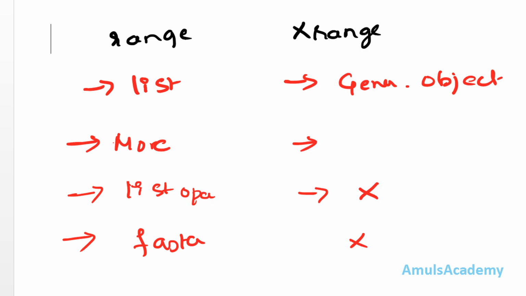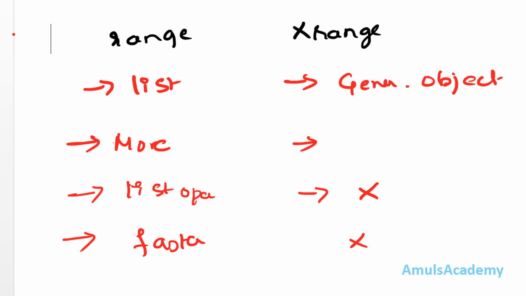So next we'll discuss Python 3. In Python 3 there is no Xrange function. There is only one function, the range function. But the range function in Python 3 behaves like the Xrange function in Python 2. As we know, in Python 2 the Xrange function takes very little memory compared to the range function. Even though Xrange takes more time to run compared to range, the impact is very negligible.